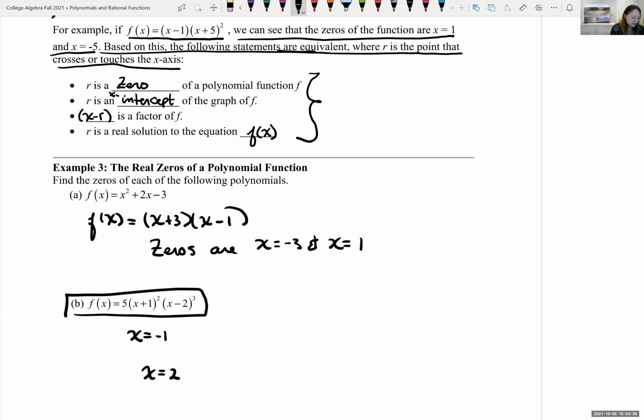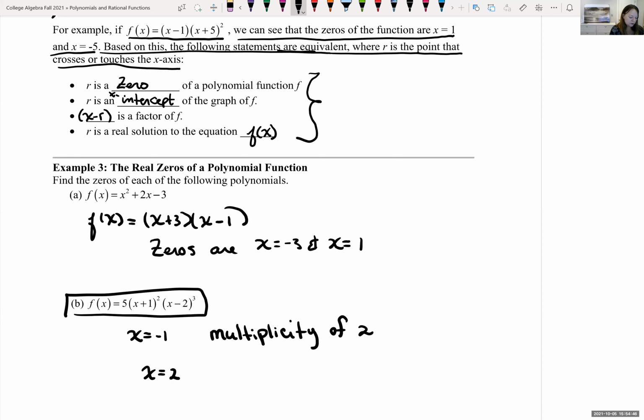But for x equals -1, this is a multiplicity. That factor occurs twice, so this is a multiplicity of 2. Looking at f of x in part B, x minus 2 cubed has 3 factors of x minus 2.